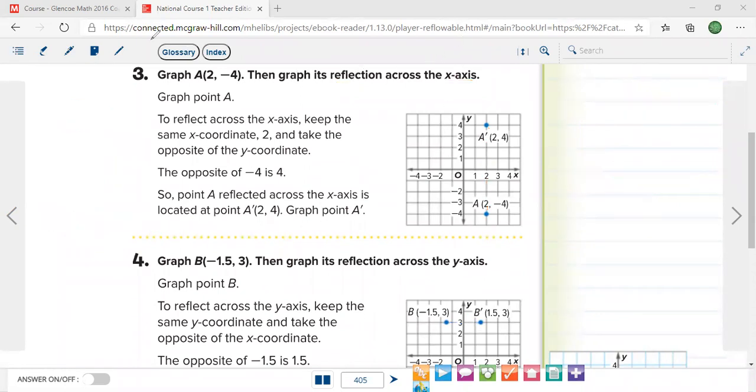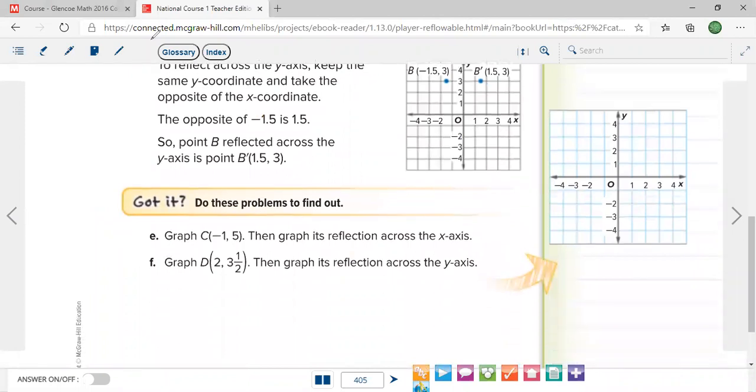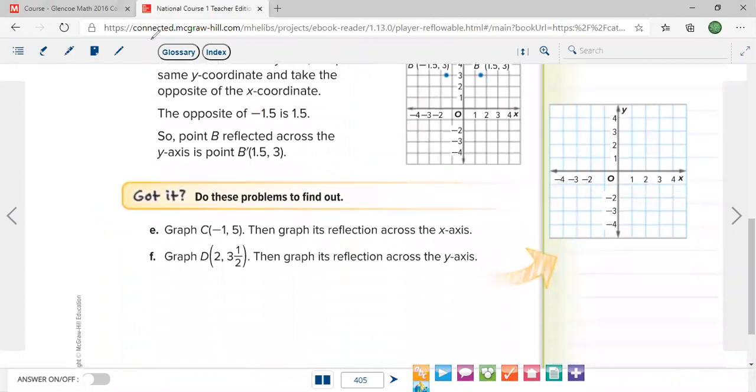Now let's take examples. The idea is very simple and easy. Here is the coordinate system, x-axis and y-axis. And I ask you to graph C, which is -1 and 5, then graph its reflection across the x. C is -1 and 5, so this is -1, up to 5 is here.